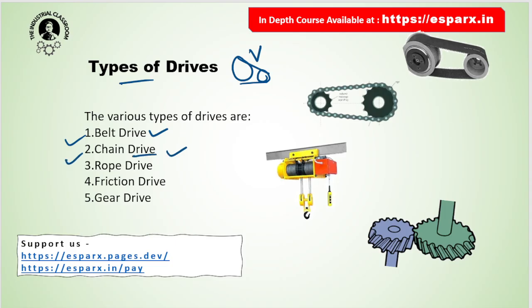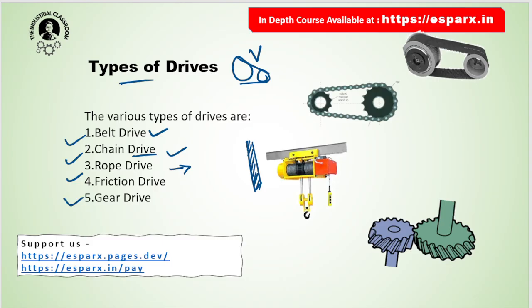This is an example of what we learned previously in bicycles. Next, in rope drive, you can find it in hoists, in cranes, in sheave pulleys. These are wire ropes, not the fabric ropes which we normally use. We will cover a lesson about wire ropes also in some later module, some other day.